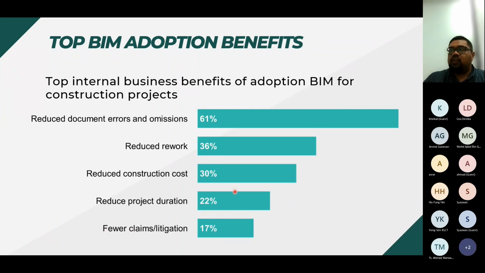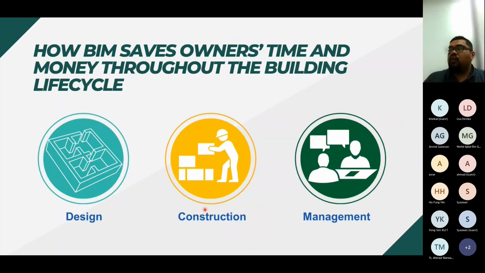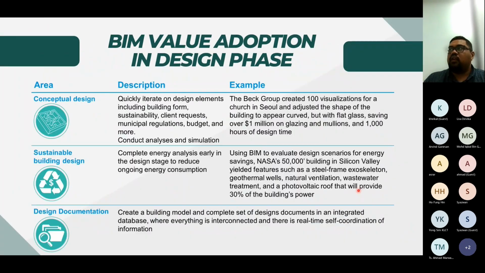For reducing the project duration, yes, this one I have seen on my side. We have a few testimonials of the ROI showing that by implementing BIM, their project completion is faster than the conventional one. Okay, so basically BIM saves the owner time and money throughout the building life cycle: design, construction, and also management.